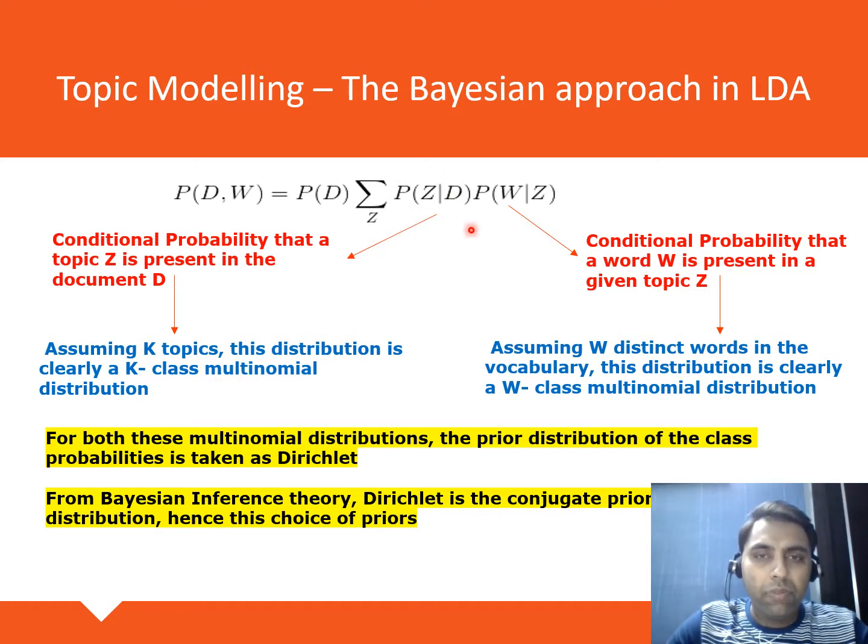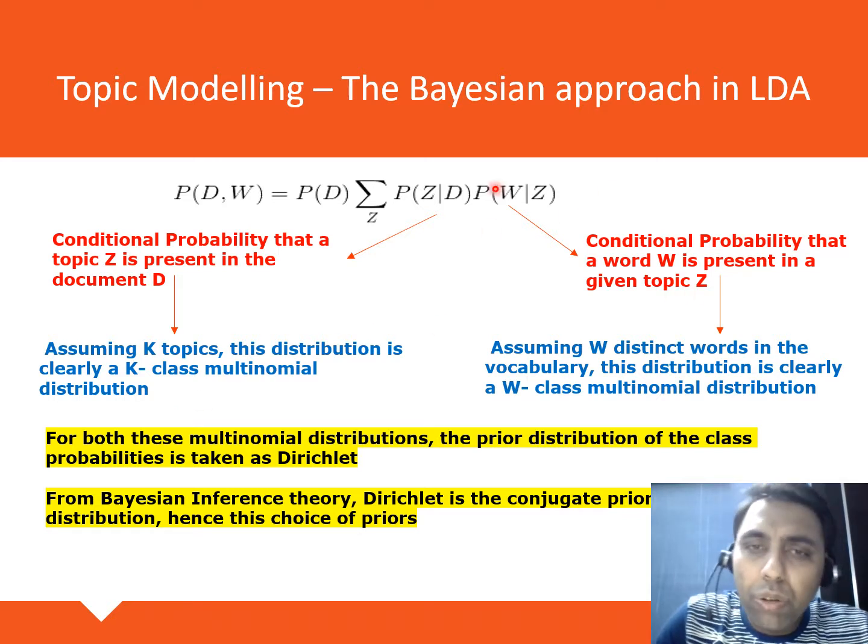For the first conditional distribution, if we assume that there are k hidden topics in the data, then the first conditional probability is the probability of one of the k topics being present in a document. In other words, with what probability does each of the k topics appear in a given document? So clearly it is a k-class multinomial distribution, which is a generalization of the binomial distribution.